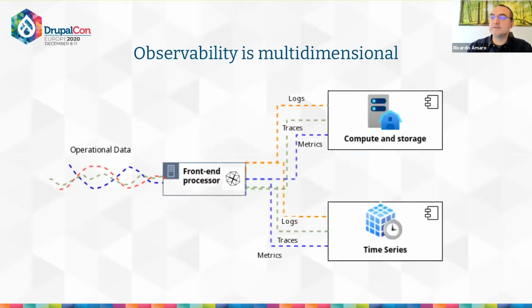Finally, observability should consist of logs, monitoring, and tracing events. With those, we will be able to understand our systems. It's the measure of how well internal states of a system can be inferred from a knowledge of its external outputs.